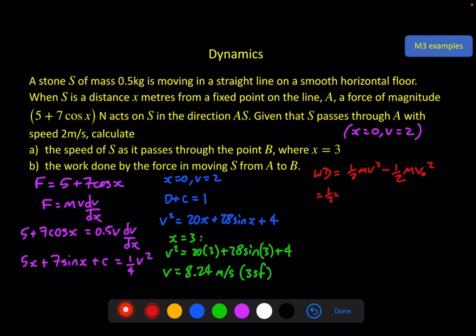So a half times a half for the mass, times 8.24, but of course I won't use that rounded number, I will use the original number on my calculator, minus a half times the mass times the speed at A, which was 2. And all of that gives me 15.987... to 3 significant figures, 16.0 joules of energy for the work done.